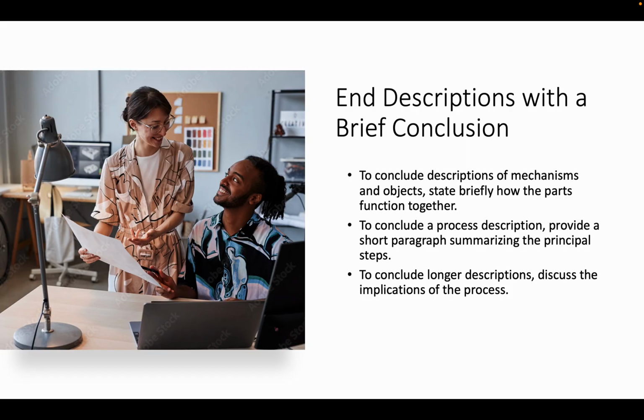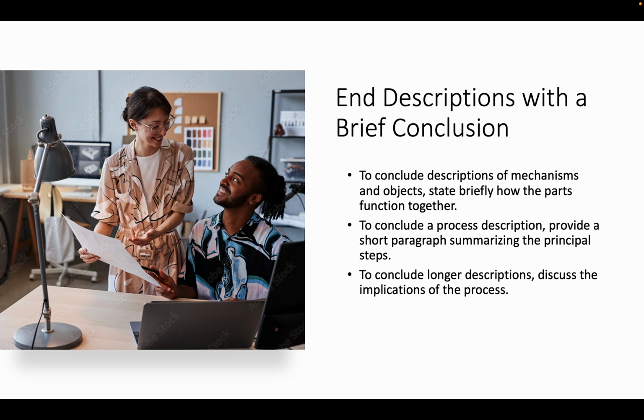Now, each time that you write a description, I know I mentioned this just a minute ago, but you're going to end with a brief conclusion. A lot of times, description conclusions will end with saying, this is how all of the parts function together, and kind of explaining that, or helping your reader to understand what the steps are and why they happen in that order and what they do, or even sometimes discussing the implication of the process.